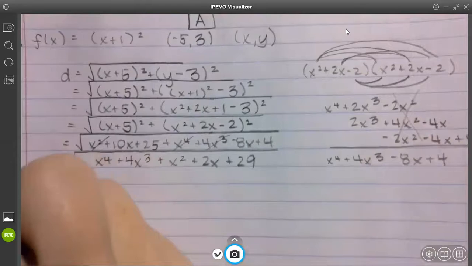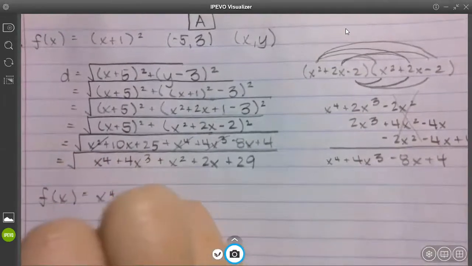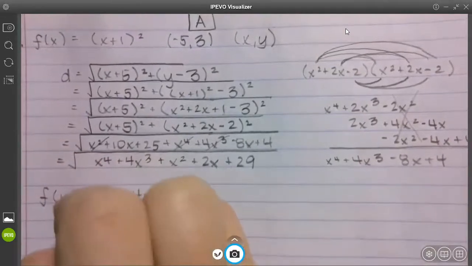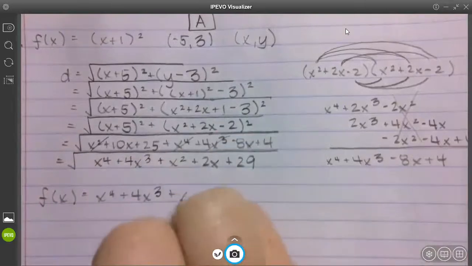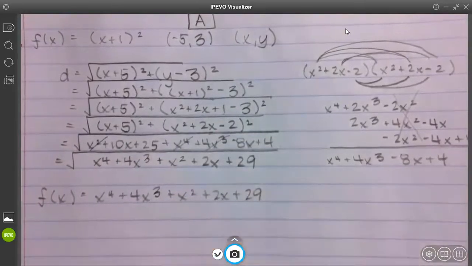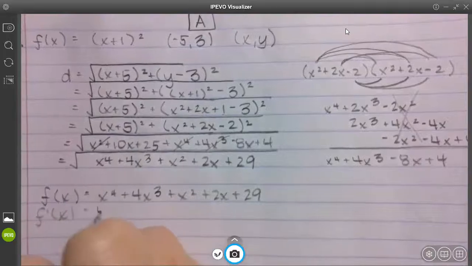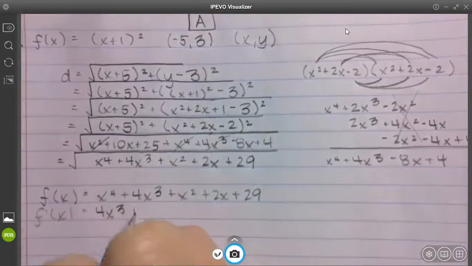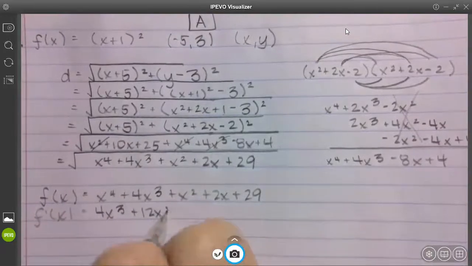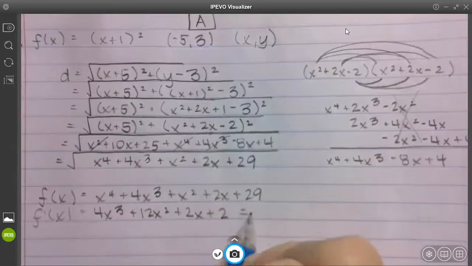We're going to take what's underneath the radical and make it our f of x. So x to the 4th plus 4x to the 3rd plus x squared plus 2x plus 29. We're going to take the derivative of that. So 4x to the 3rd plus 12x squared plus 2x plus 2.